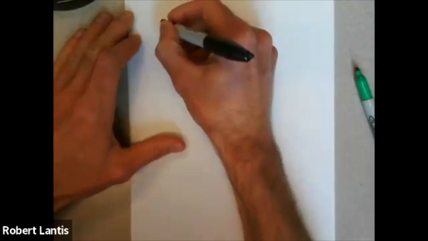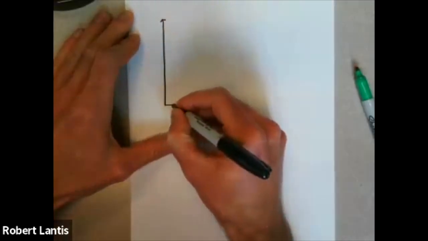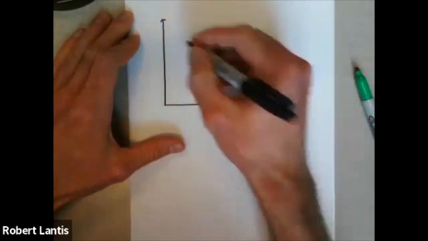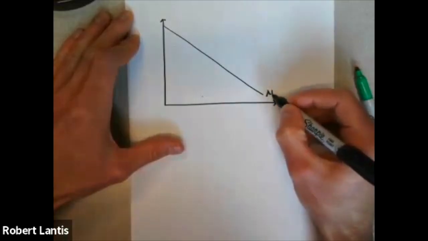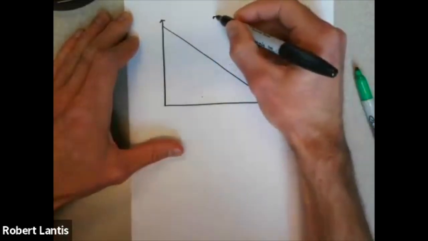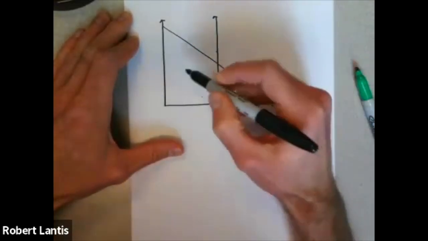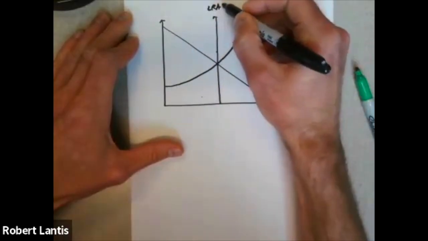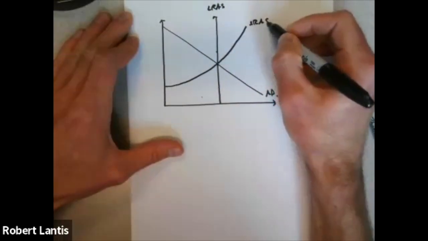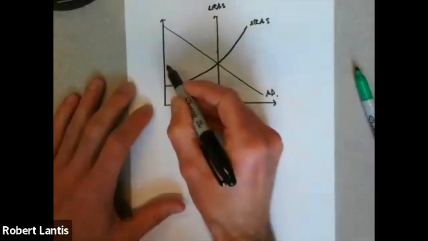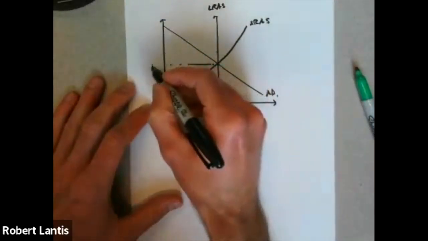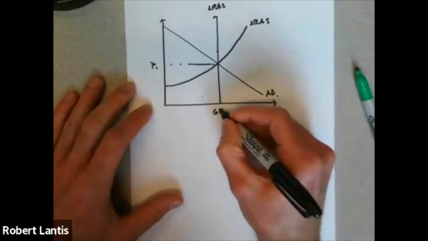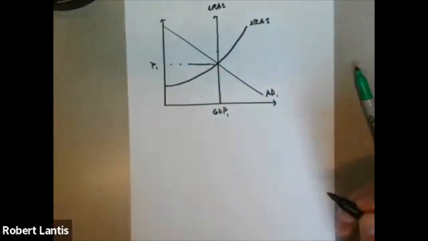So what's going to have to be true? So if we think about here, got my original aggregate demand, got my long run, my short run aggregate supply curve. Okay. So my initial price is right here. My initial GDP is right here. Okay.